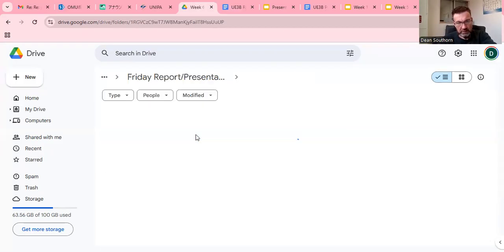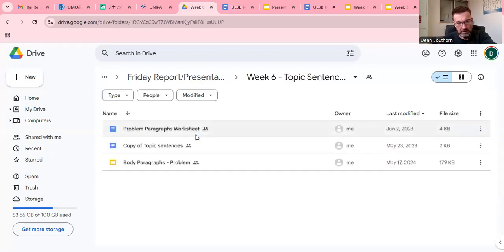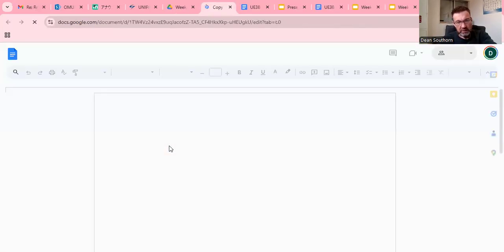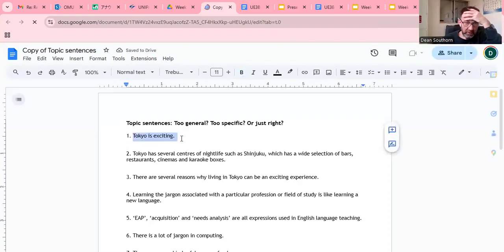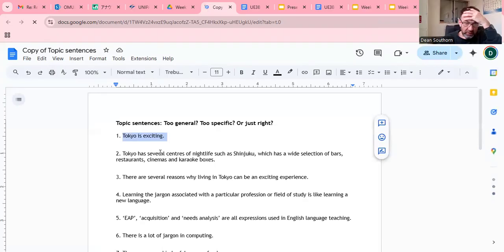This one. So we looked at these examples. If you remember, Tokyo is exciting, much too general. And then Tokyo has several centers of nightlife, such as Shinjuku. These are examples. Wide selection of bars, restaurants, cinemas, karaoke boxes. So that would be too specific as a topic sentence.